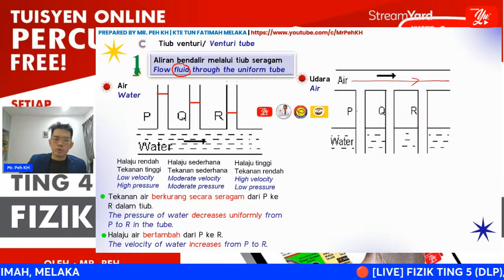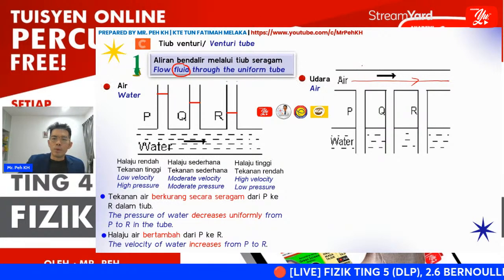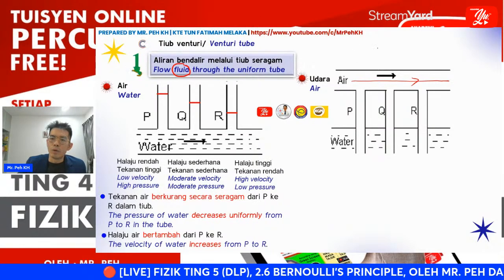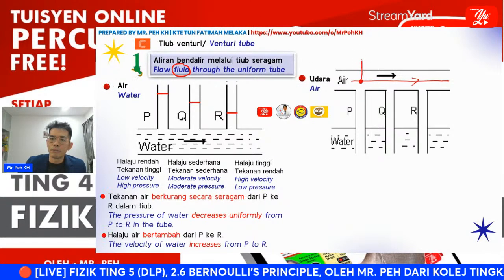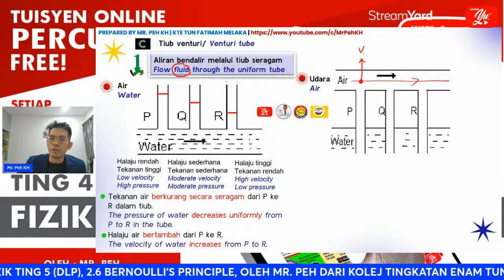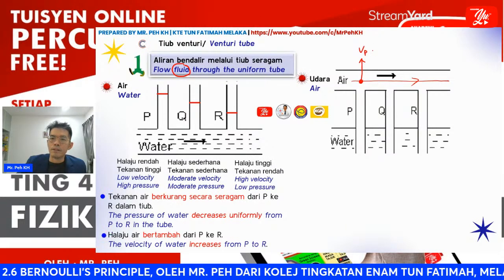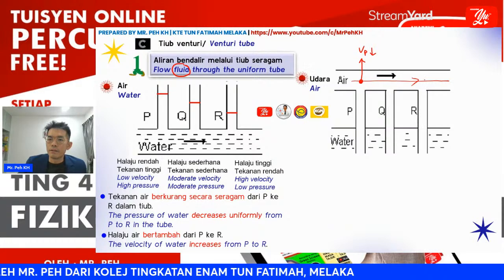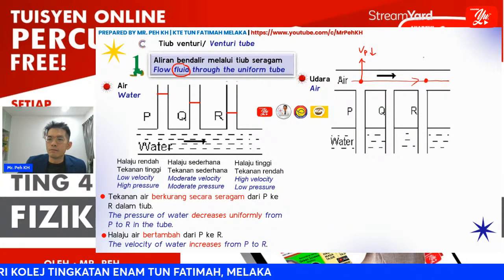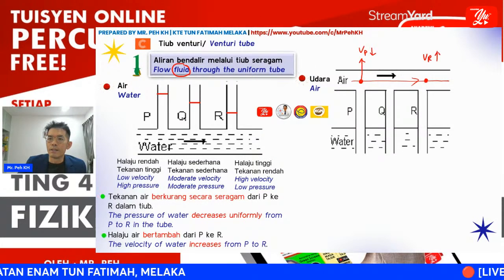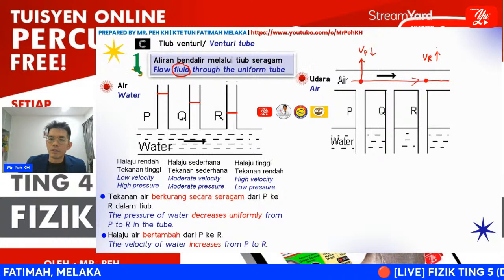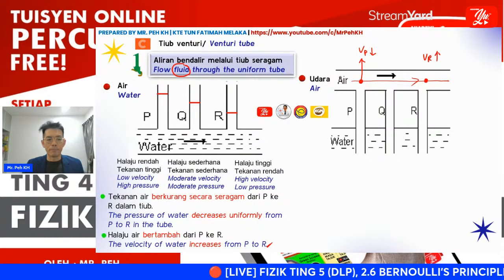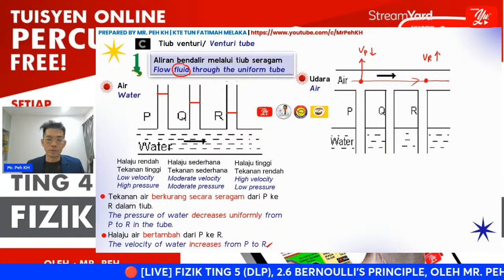Again, the air will be flowing with increasing speed from P to R. At point P the velocity will be lower, then at R the velocity will be higher, because the velocity of air increases from P to R, just like what we discussed for water.